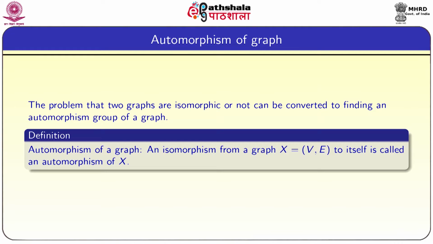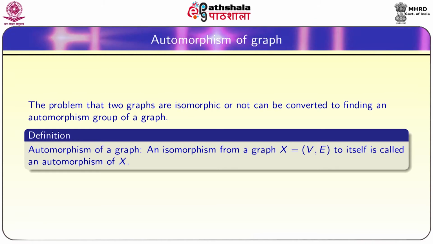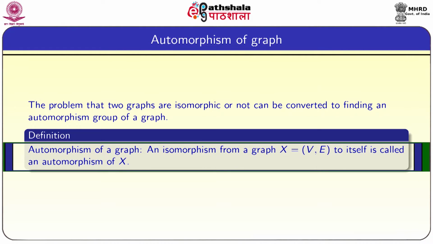Automorphism of a graph: the problem of whether two graphs are isomorphic or not can be converted into finding an automorphism group of a graph. The definition of an automorphism of a graph: an isomorphism from the graph x to itself is called an automorphism.